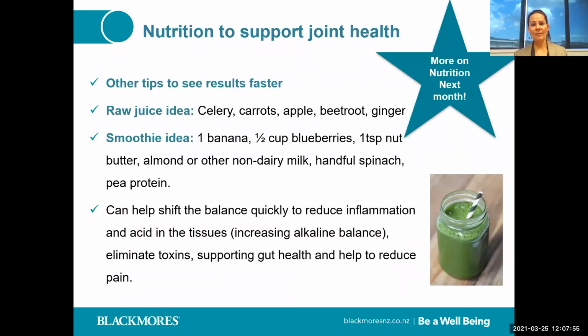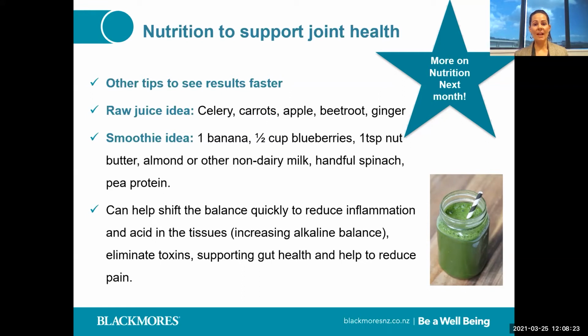Other nutritional tips to support joint health is raw juices. And these will enable you to see results faster. So shift the balance from too much acid and inflammation to more alkaline and anti-inflammatory. So a raw juice idea is celery, carrots, apple, beetroot and ginger. And a smoothie idea can help fill you up and help reduce the need for other processed foods that can increase pain.